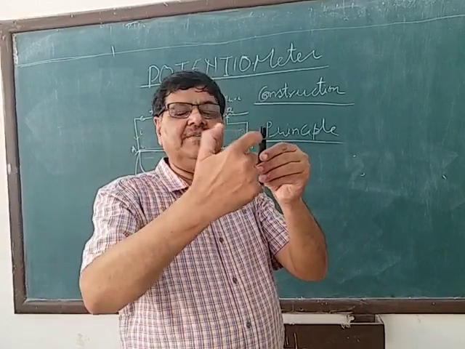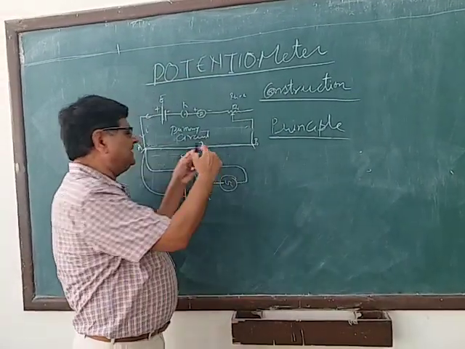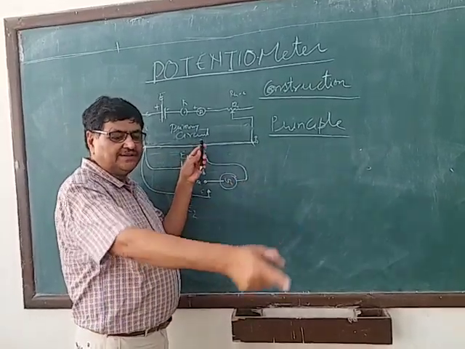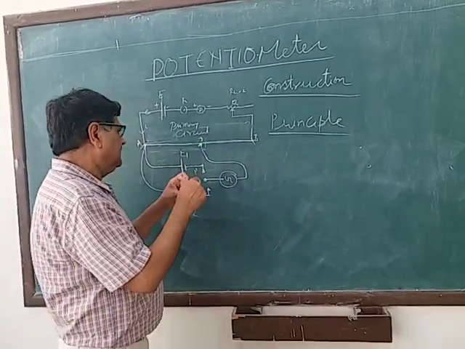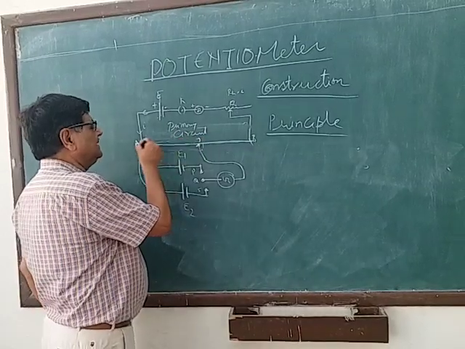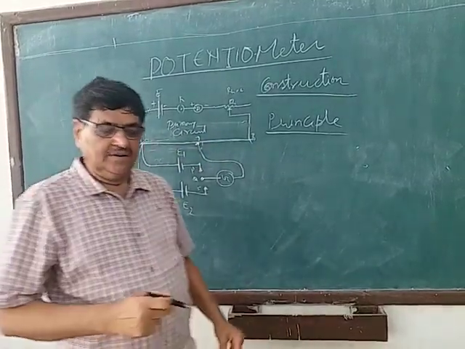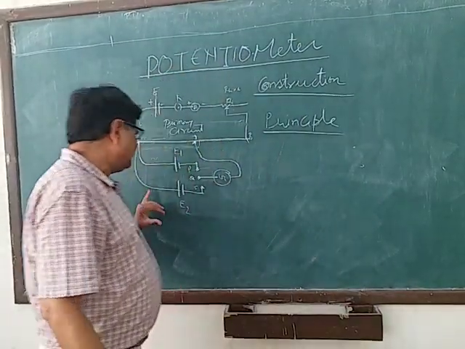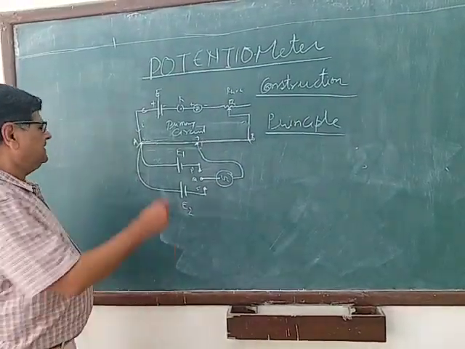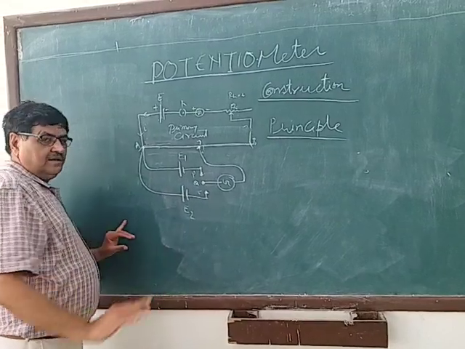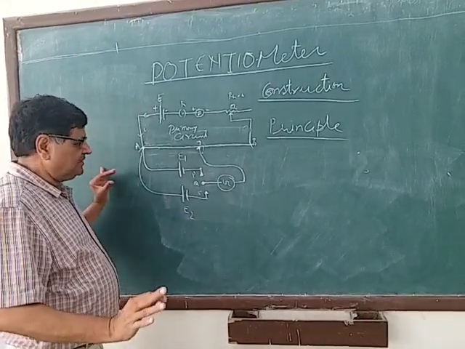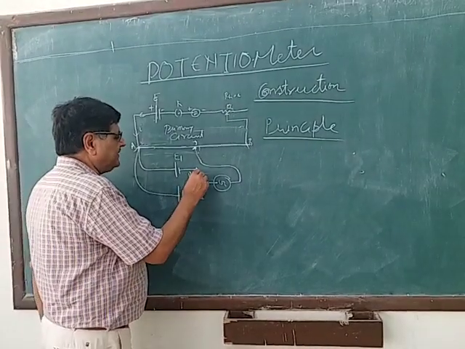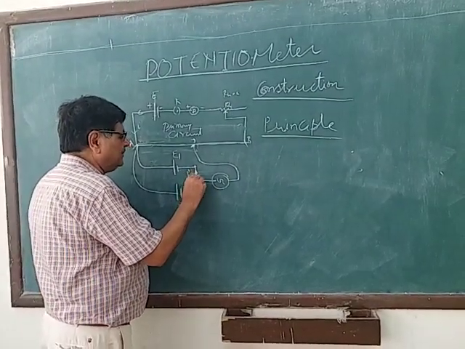Here is the terminal where we connect the wire. This wire is connected to this, and then it is connected to one of the terminals of the galvanometer. This jockey can be slid on the wire. Okay. After making this, the secondary circuit is completed. Now, what we do, we connect these two, P and Q.